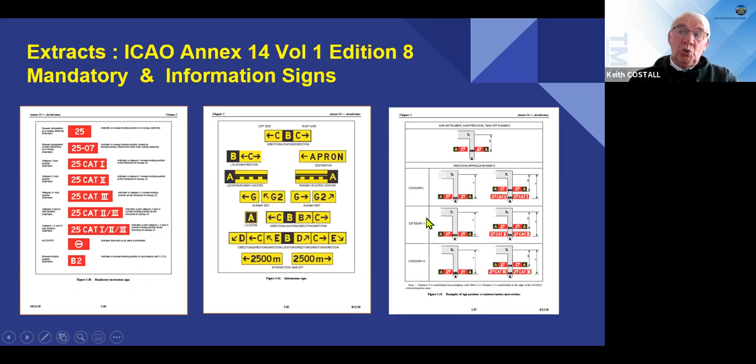And for Cat 2 and 3, it's a minimum of 107.5 meters. But in some cases, for category 3, we move to 120 meters. But that will be dependent on airfield layout and operational requirements, etc. So that's an application of the mandatory guidance signs, which have been designed and developed by the criteria we've already discussed.